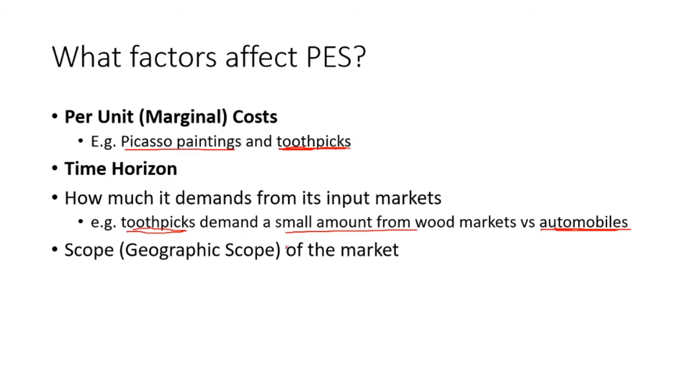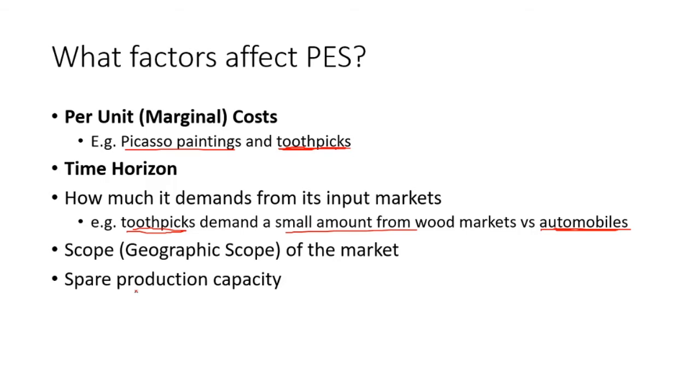So if you increase the price, there's only so much quantity supplied that you can actually increase. But if you then widen your scope to a wider geographical scope and you consider maybe, say, the world or the entire country, then you'll be able to have more quantity supplied. So the narrower the geographic scope, the more inelastic it's going to be. Whereas the wider the geographic scope, therefore the more elastic your PES is going to be.